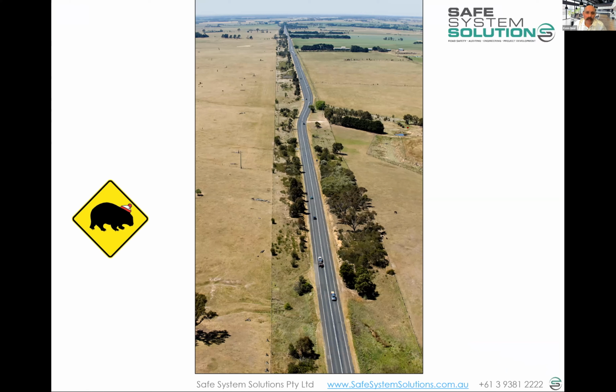One lane in each direction, maybe an overtaking lane, separated by a white line, a bit of sealed shoulder, and then some offset to vegetation or farmland, with the occasional minor intersection. It goes on for about 300 or 400 kilometres like this.